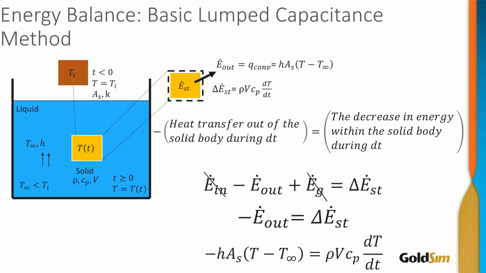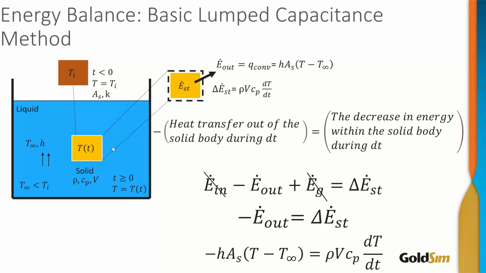So if we take an energy balance of our body, then we can say that the energy coming into the body minus the energy leaving the body plus the energy generated within the body is equal to the change in energy within the body.